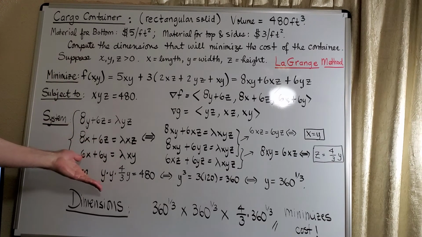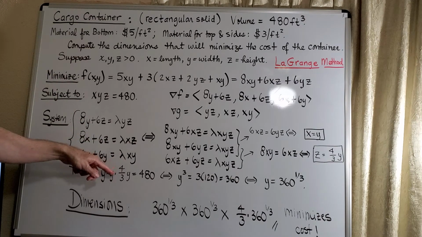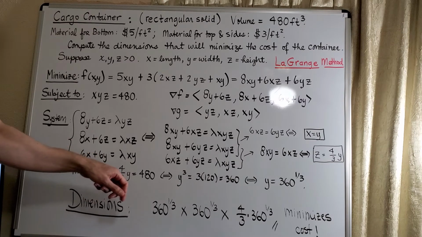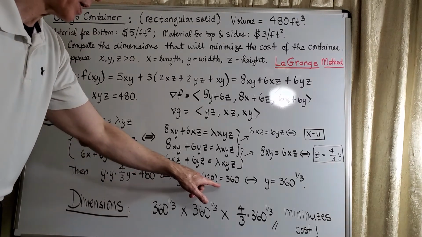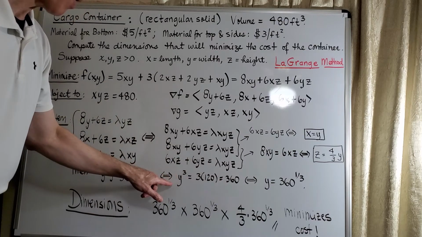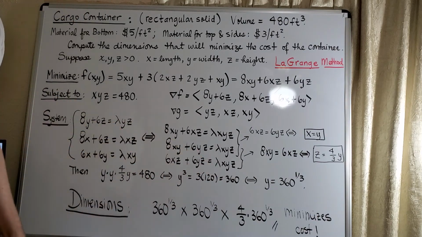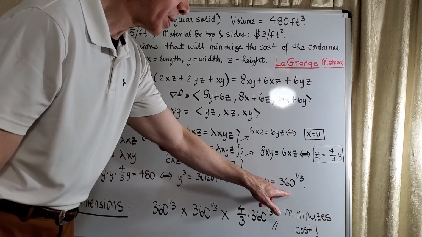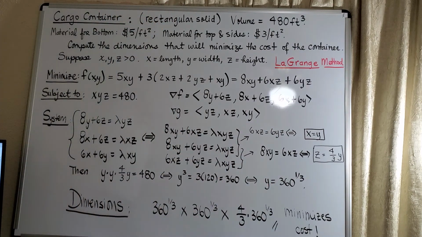When you divide by 4/3, that basically gives you 3 times 120, or 360. So y cubed is equal to 360. Take cube roots, and we get y is equal to the cube root of 360. 360 doesn't have any perfect cubes in it, so that's about the best we can do with it.